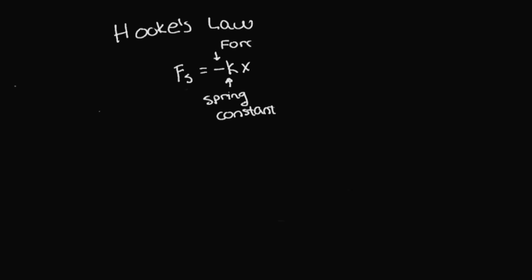To solve a problem on work done by a spring, we must first cover Hooke's law. For many springs, if the spring is either stretched or compressed, the spring will exert a force on the block that can be mathematically modeled as force equals minus kx, where x is the position of the block relative to its equilibrium position, and k is a positive force constant, called the spring constant.